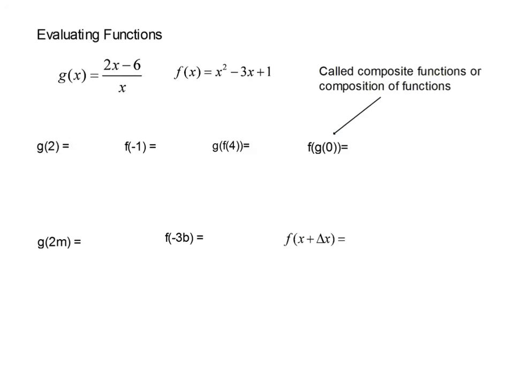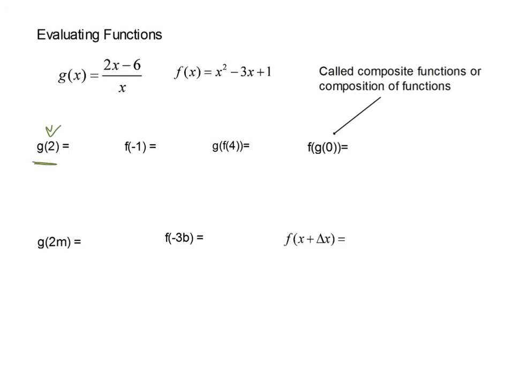All right, the last thing we need to talk about is evaluating functions. So we're going to talk about several types of evaluating and doing some composite functions. Evaluating functions. This just says you read it g of 2. It does not mean g times 2. It looks kind of like a times. But when it's a function, it means take g and plug in 2 for x, or whatever your independent variable is.